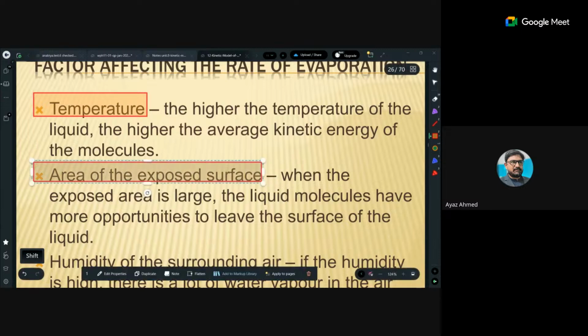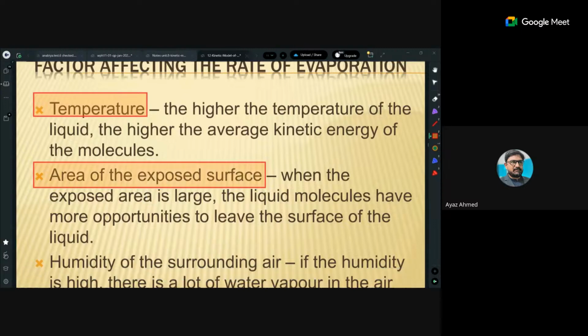This is the factor which is used to make your clothes dry. If you have not spread your clothes, what happens? They would not dry properly, is it? Because evaporation will not take place.